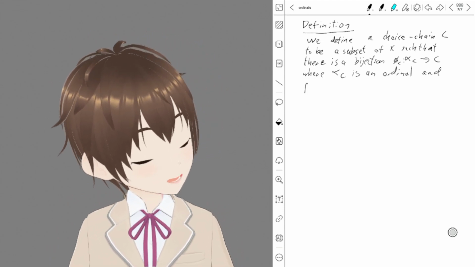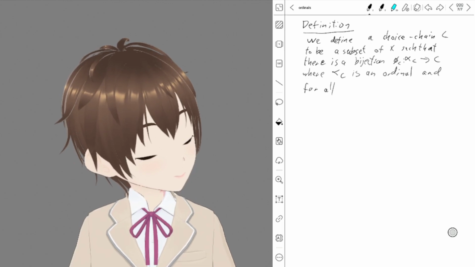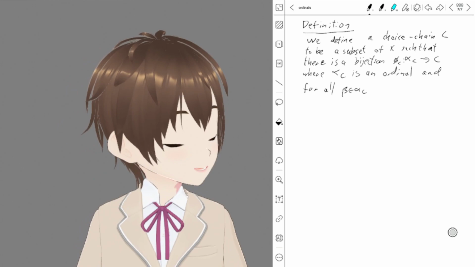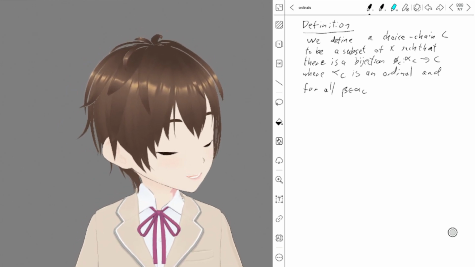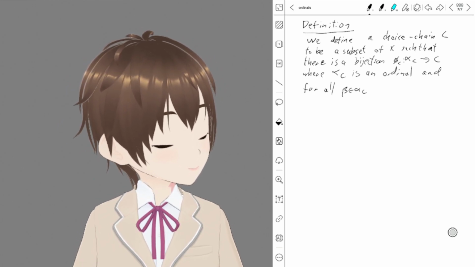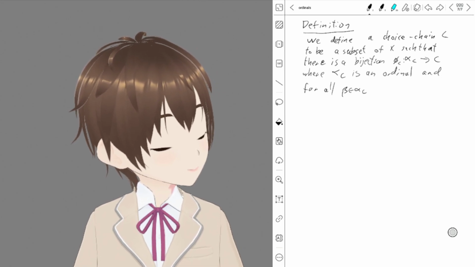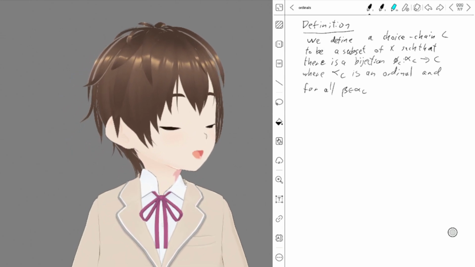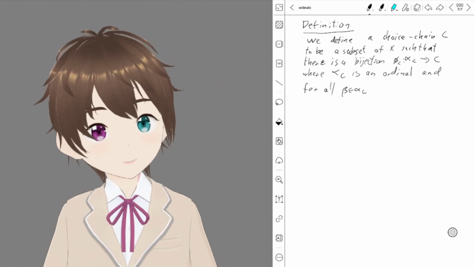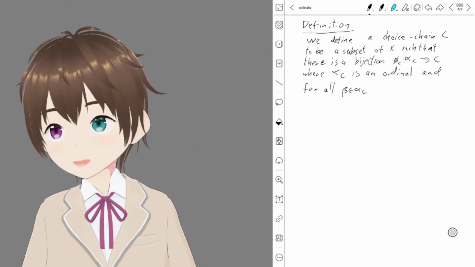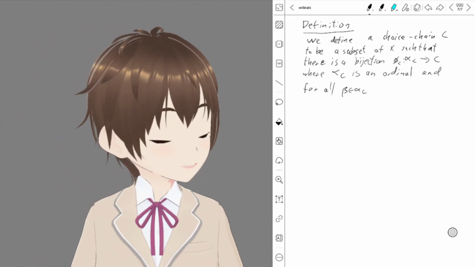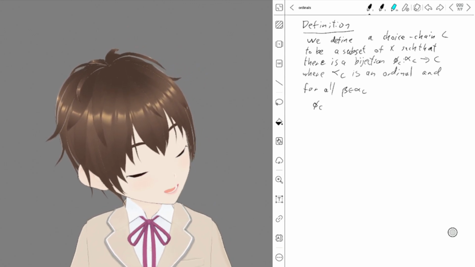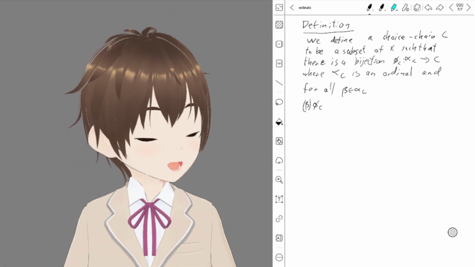And for all beta in alpha_C, it maps beta to the smallest thing that's not already mapped to. I'm going to choose what the smallest thing is using my choice function. So for all beta in alpha_C, my function maps beta to what the choice function would choose it to map to.